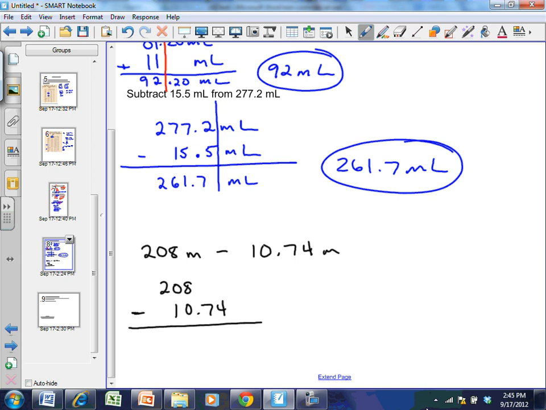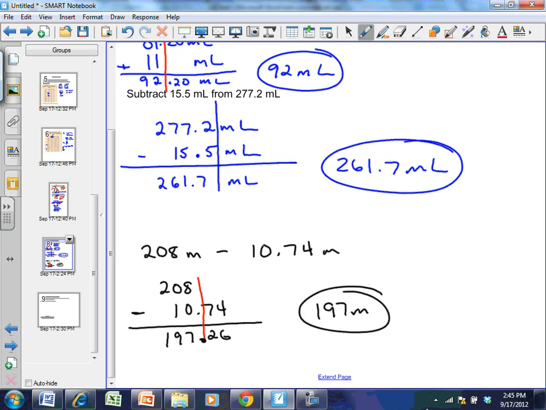Then I go as far left as I can go, and that is the ones place. So I do this difference, and I get 197.26. I've got to round to the ones place, so I keep 197, rounding down. So it's 197 meters.